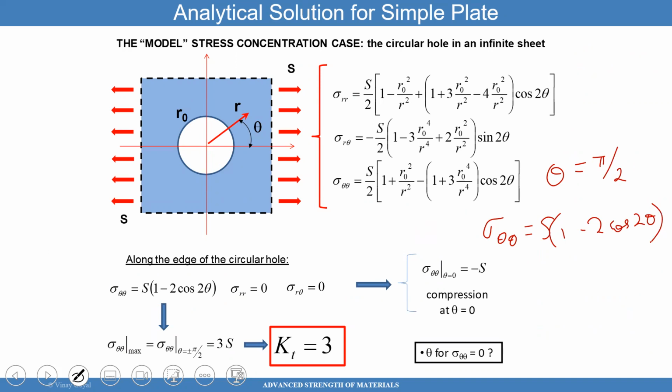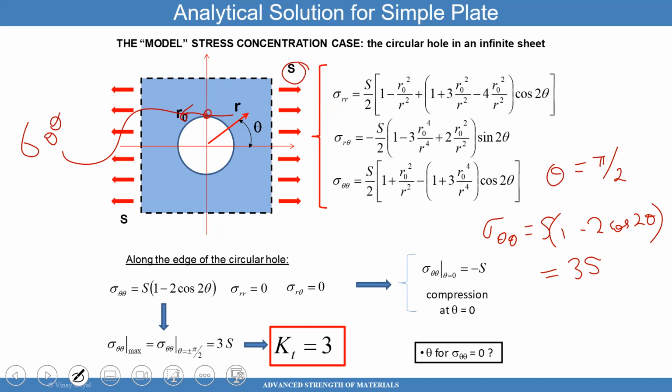So 2 times pi half is pi, and cosine of pi is minus 1. So you actually get 3 times S, meaning that the stress tangential to the hole, sigma theta theta, is going to be 3 times higher than the far field stress you see here. And so the stress concentration at the hole is three times higher.